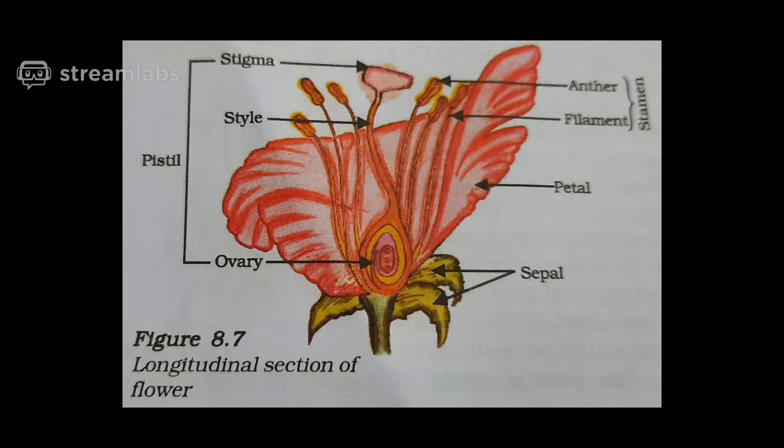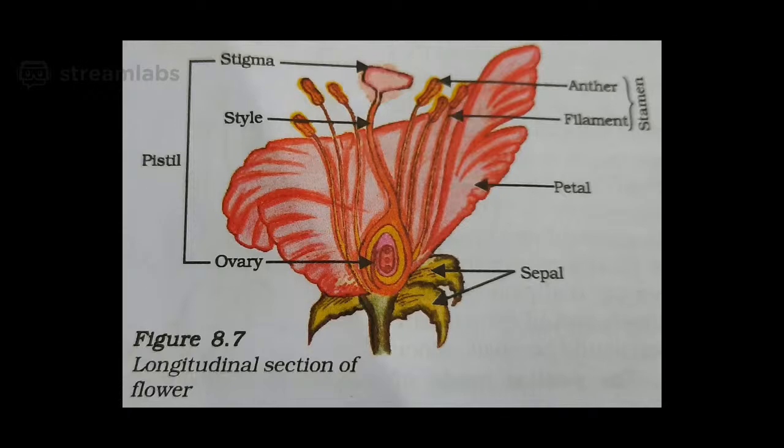Just now I said the ovary comprises ovules. Ovules have the female gametes. They are very important. The other one is the stamen. The stamen is the male reproductive structure comprising anther and filament.